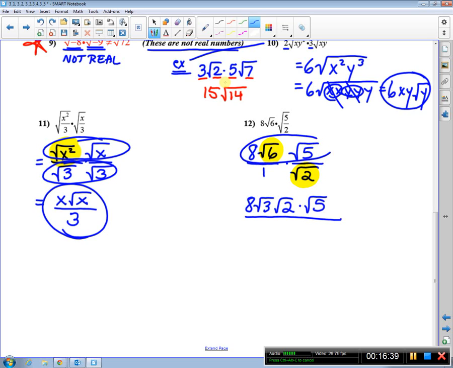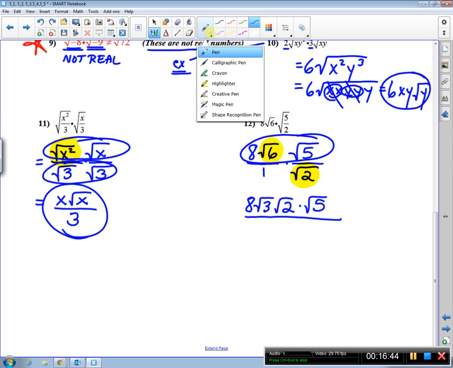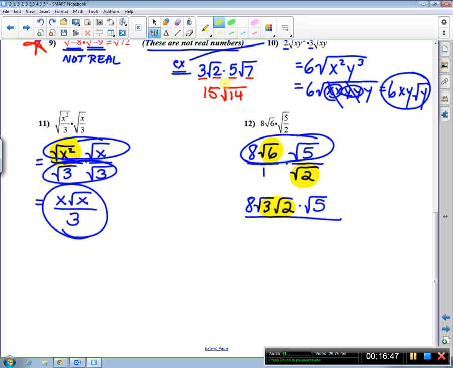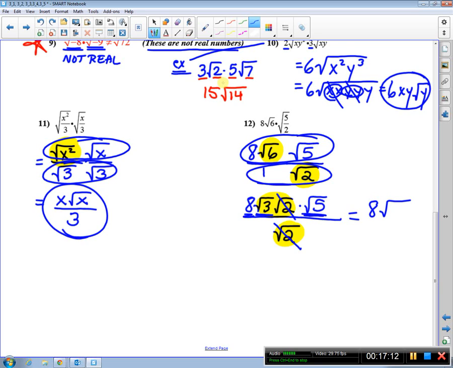So I multiplied across the top and I split up radical 6. And multiplying along the bottom, I have the square root of 2. And then I have the same factor on the top as I do on the bottom. So they reduce. This is one way to do this problem. Outside numbers, I've got 8. Under my radical, I have radical 3 times radical 5. That's radical 15. Nothing in my denominator, so I am done.